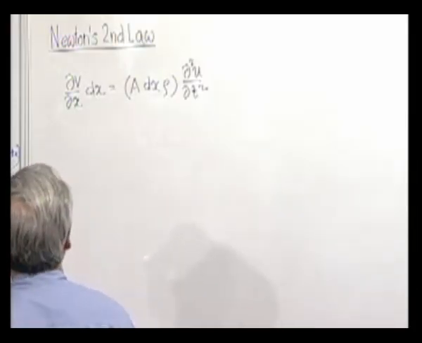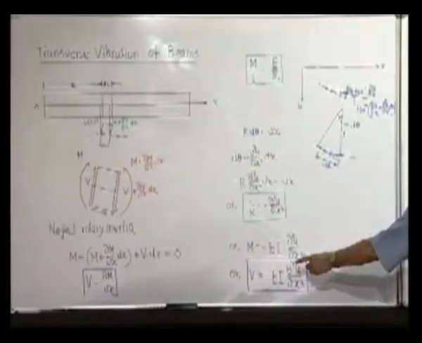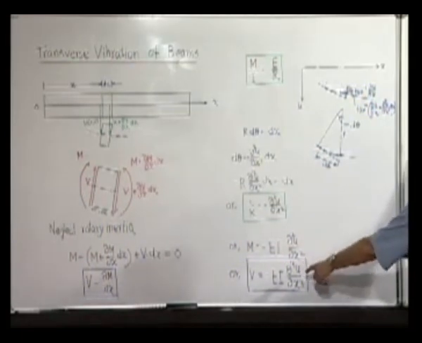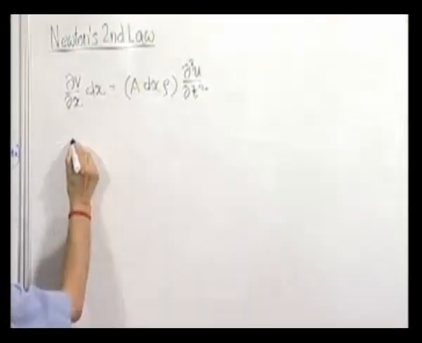So using this, ∂V/∂x into dx, we get minus EI.